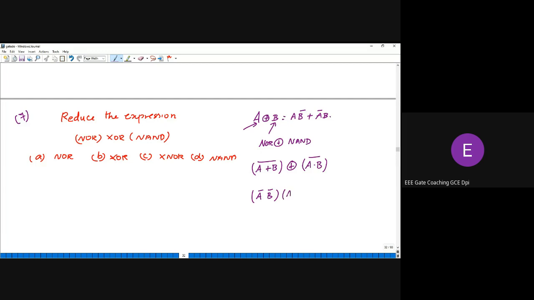Into AB whole bar plus A bar A plus B into B, A bar plus B bar.